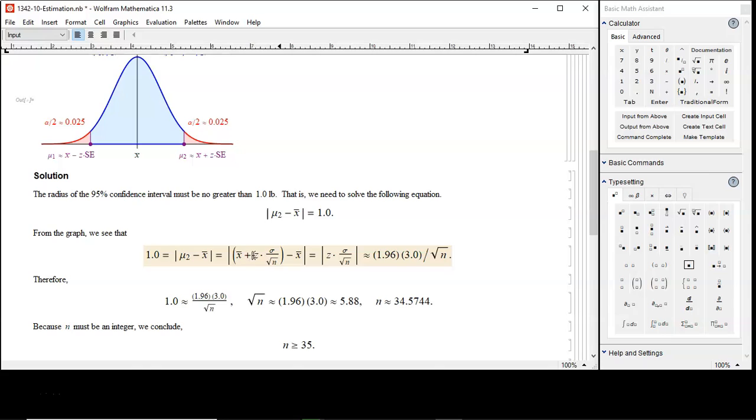Okay, x bar plus the margin of error and minus x bar, so these two cancel out. So we get the margin of error, z times standard error. And then that turns out to be 1.96 times 3.0 over square root of n. What do we have? We have the same equation as before. And solving this equation, again, that requires some algebraic manipulation. We end up with this and then end up with that.